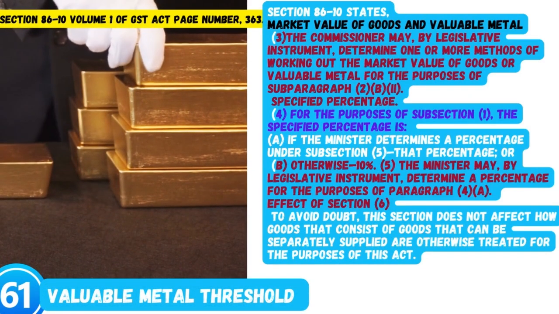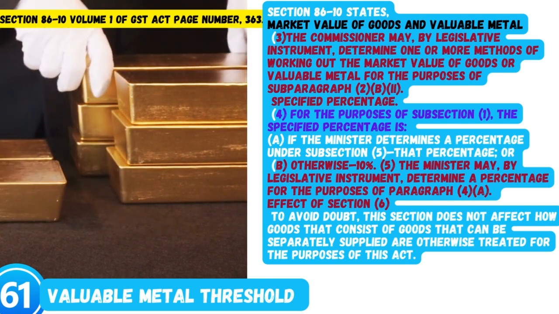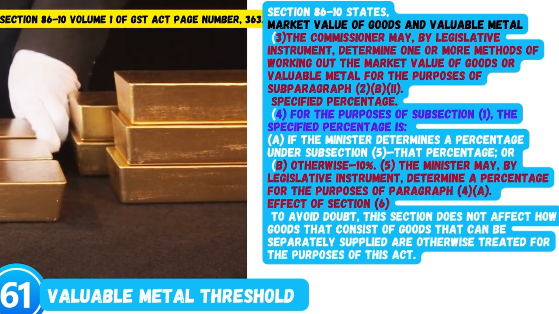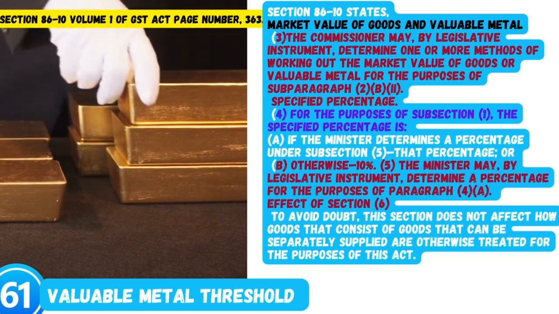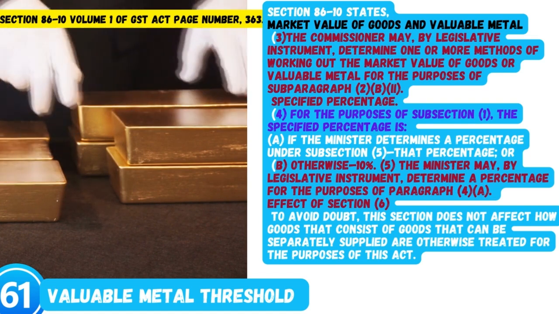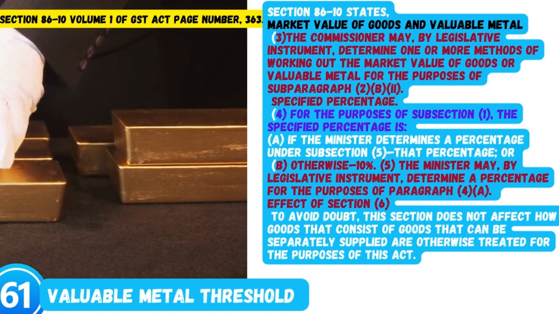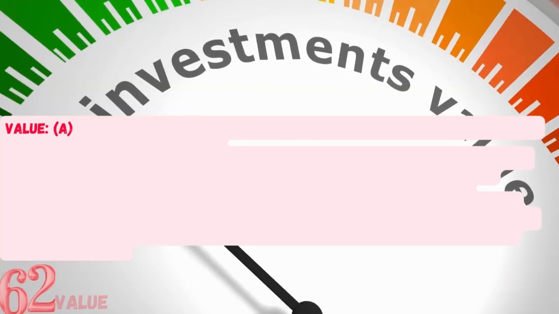The Minister may, by legislative instrument, determine a percentage for the purposes of paragraph 4(a). Effect of section. 6. To avoid doubt, this section does not affect how goods that consist of goods that can be separately supplied are otherwise treated for the purposes of this Act.